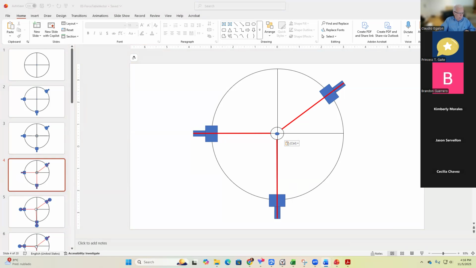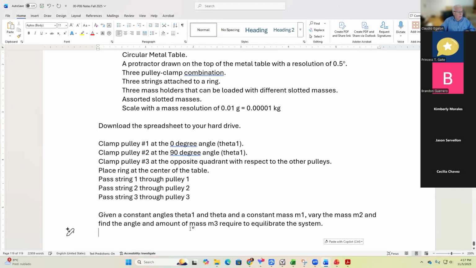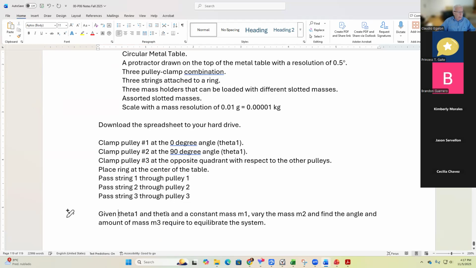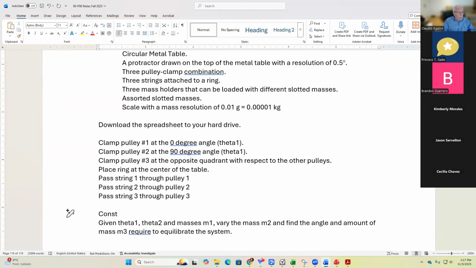So the problem that we are going to solve is the following. Given theta 1, theta 2, and mass m1.